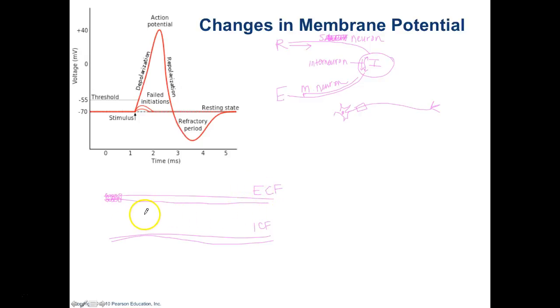Every single cell is going to have a resting membrane potential, and the resting membrane potential of our nerve cell is going to be negative 70 millivolts. Now, what does a volt mean?